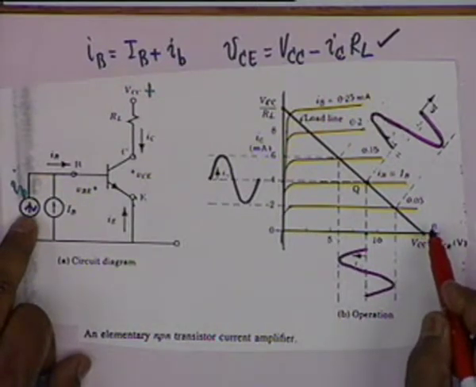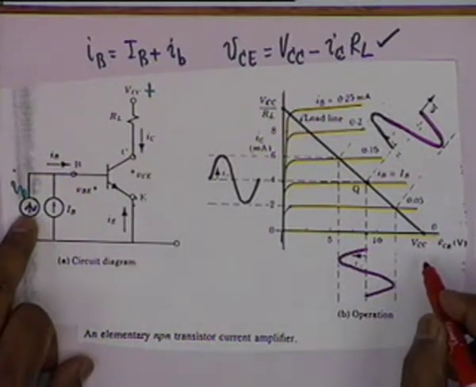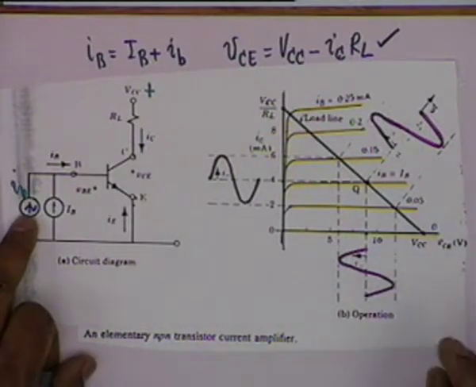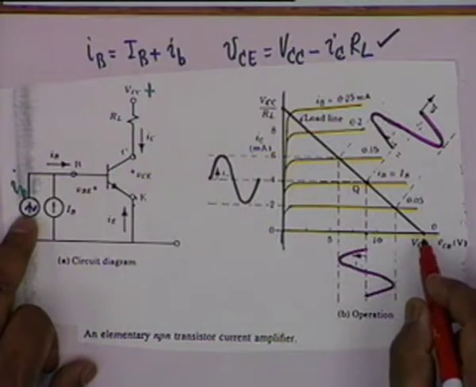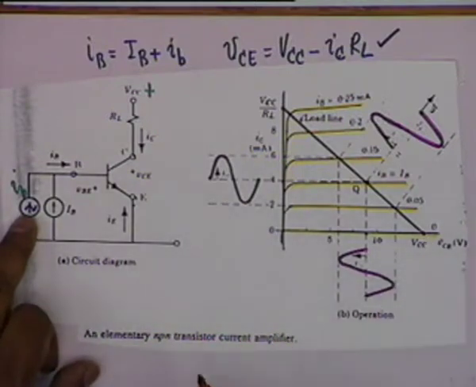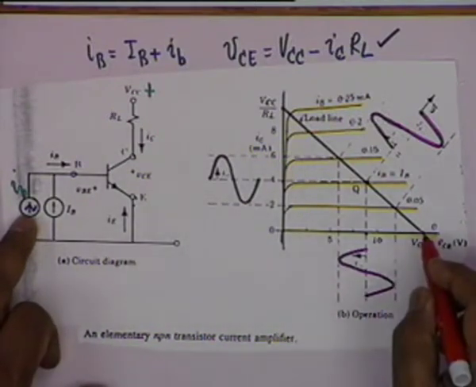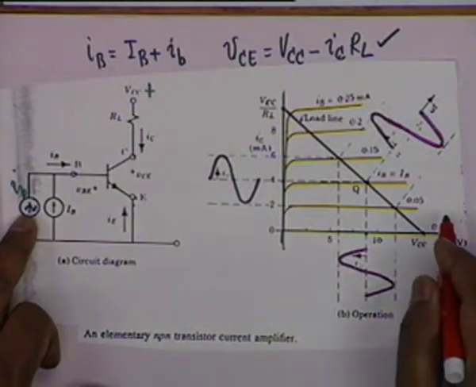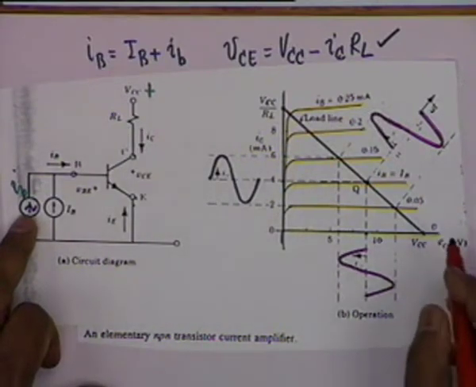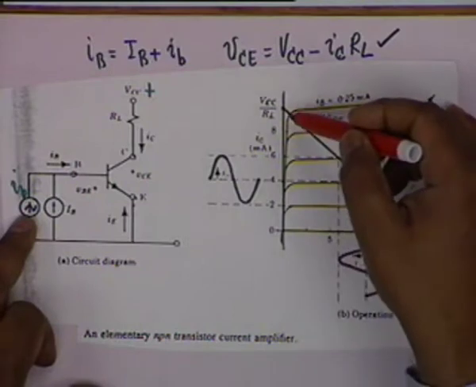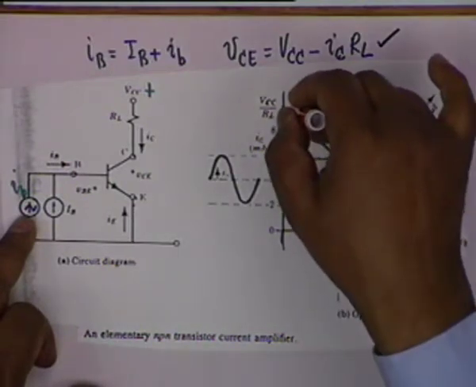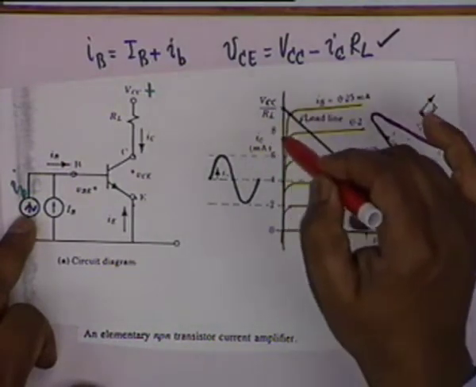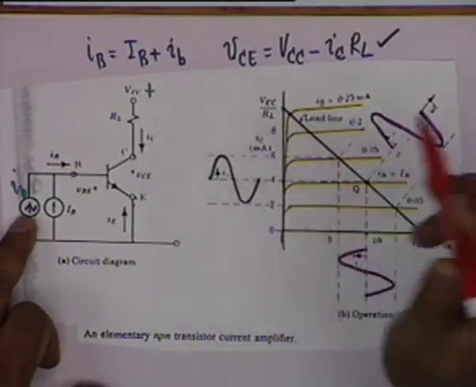Isn't that right? In other words, the transistor will now behave like a rectifier. That is, it will only produce the positive halves. All right. The transistor is sometimes operated under this condition, and this condition is known as class B operation, class B.